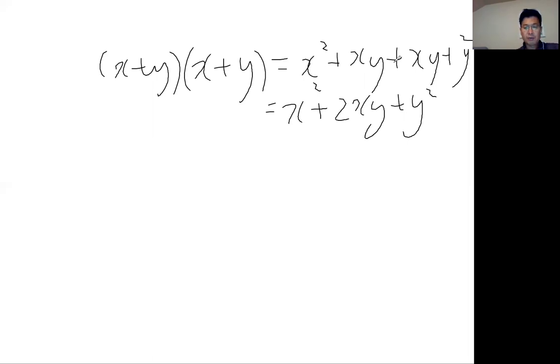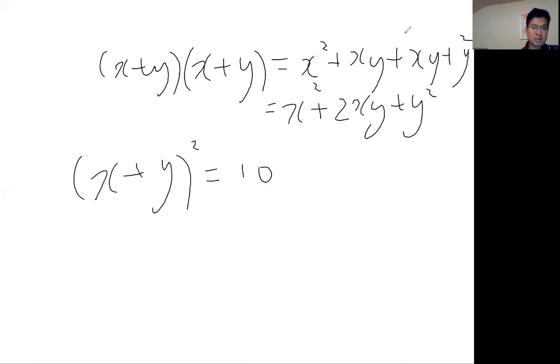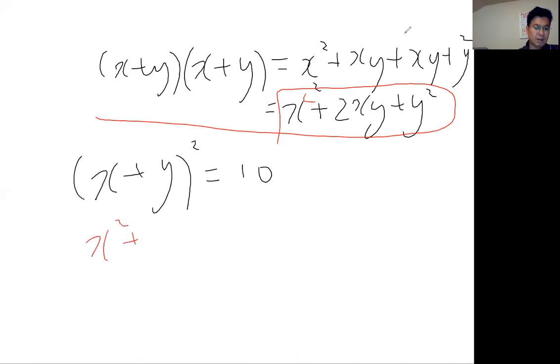Then, using this formula on the bottom question, it says how many (x, y) pairs of real numbers satisfy xy equals 3 and (x plus y) squared equals 10. Using the formula, (x plus y) squared is x squared plus 2xy plus y squared equals 10.